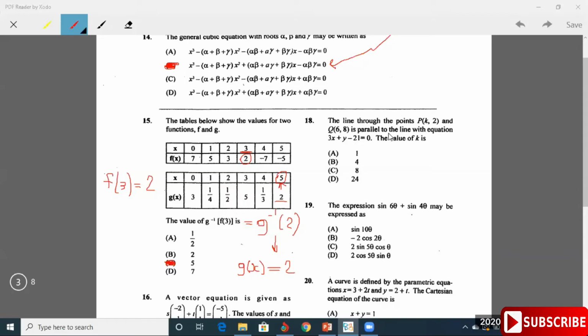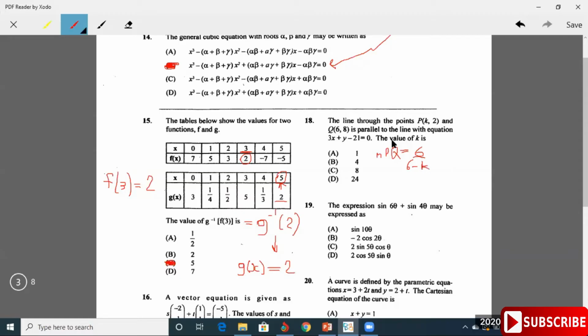Find the value of K. So we have the line PQ and we need to find the gradient of PQ. The gradient of the line PQ is equal to 8 minus 2, which is 6, over 6 minus K.